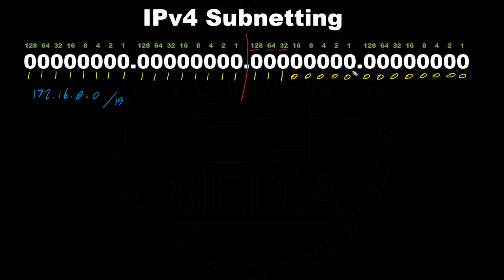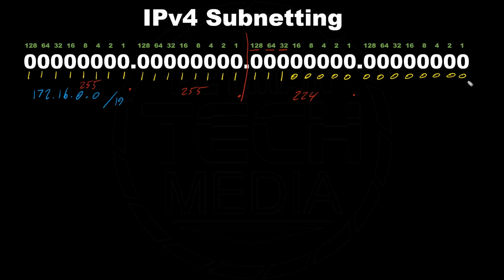So when we convert this binary on the third octet, 11100000, to decimal, it's 224. Here 8 bits, that's 255. Dot, here 8 bits, 255. Dot, here only these 3 bits, that's 224.